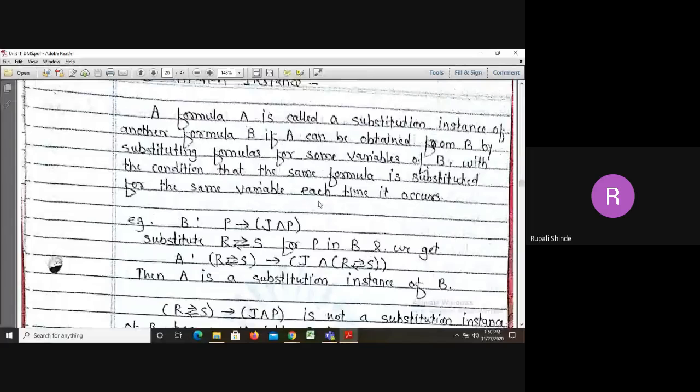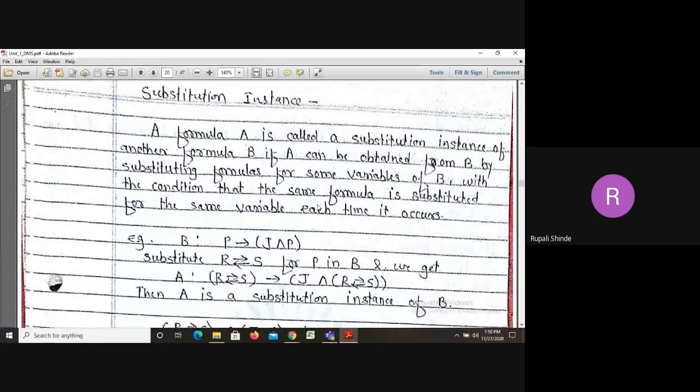So here the definition for a substitution instance is: if you have two formulas, formula B and formula A, when will A be called a substitution instance of B? If you replace the variables in B by using a certain formula, then that A is called a substitution instance of B. Again there is one condition.